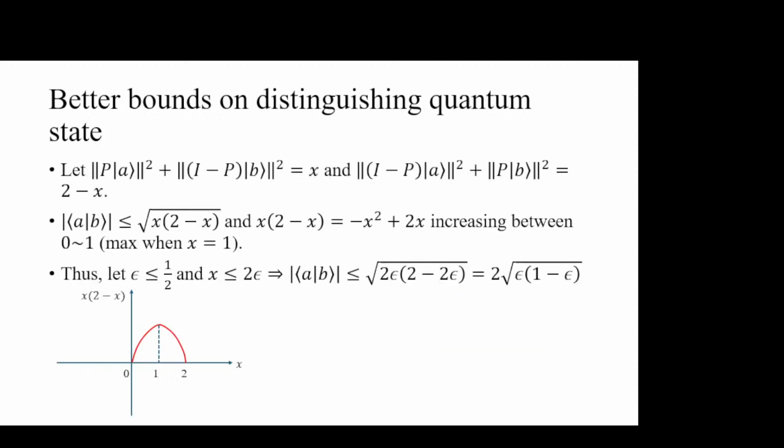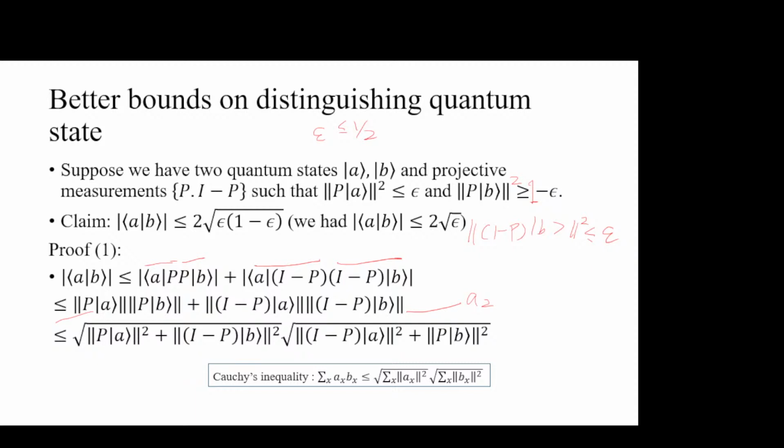So proof one actually proves something stronger. This is really subtle, sorry for going into such detail. Proof one says that if you have any projective measurement P doing this distinction, then your A and B are pretty far away, you have a low inner product.